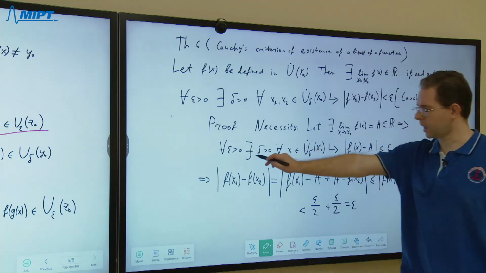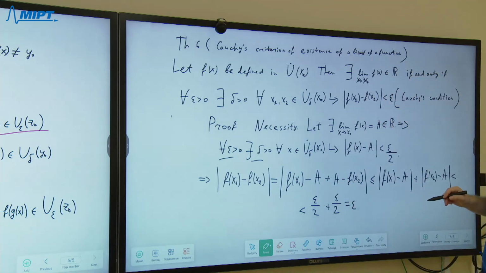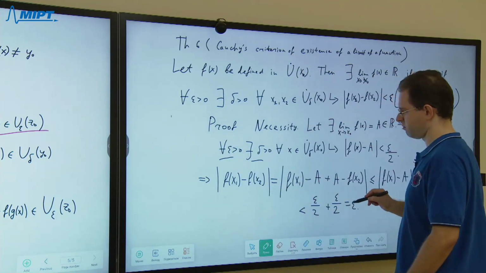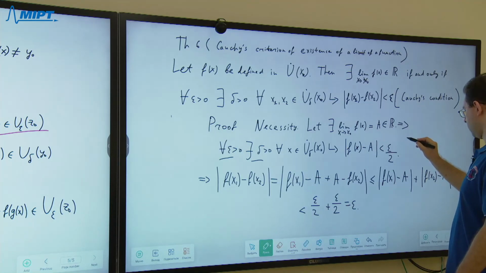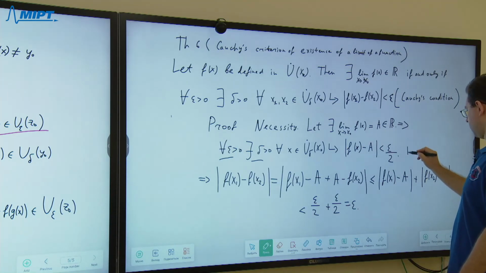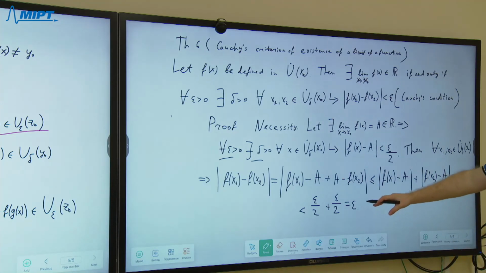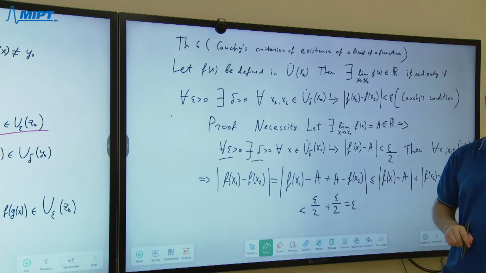So for any epsilon, there exists delta such that for any x1 and x2 from this deleted delta neighborhood of x0, the absolute value of f of x1 minus f of x2 is less than epsilon.